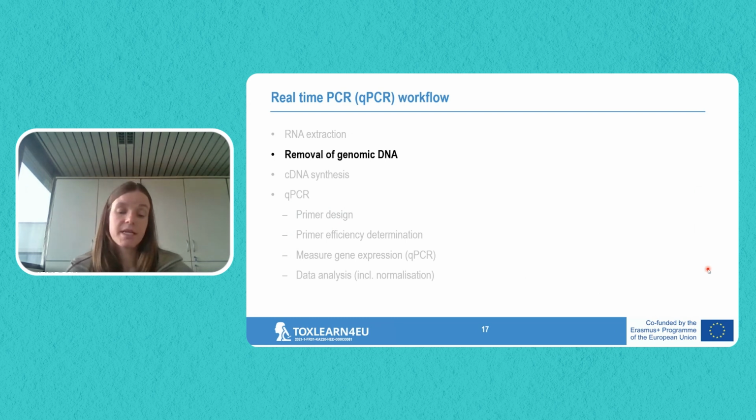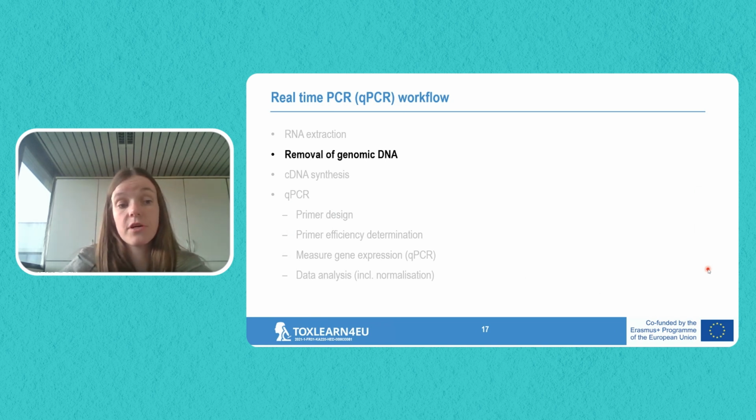So remember that I explained that the nanodrop determines the RNA concentration based on the absorbance of the sample at 260 nanometers. But in this case, you cannot be sure that what you're measuring is only RNA, since DNA has maximum absorbance also at 260 nanometers. So the nanodrop cannot distinguish between RNA and DNA.